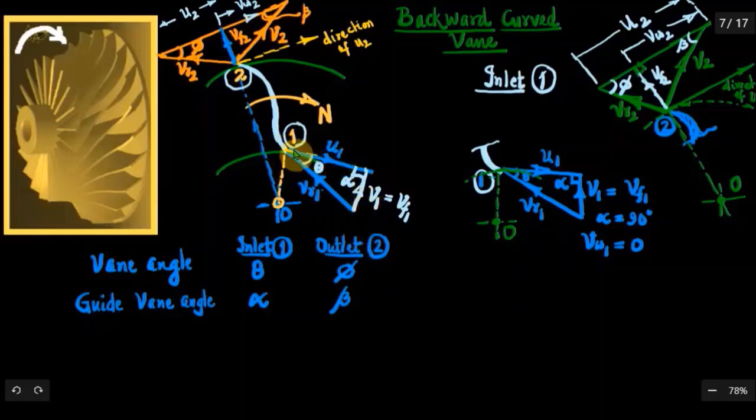VW1, the whirl component of velocity at inlet, is the tangential velocity of the fluid, not the tangential velocity of the blade or impeller. That is U1. So VW1 is 0, so V1 has no component in the direction of U1. So once you have U1 and theta, definitely now you can find out V1.